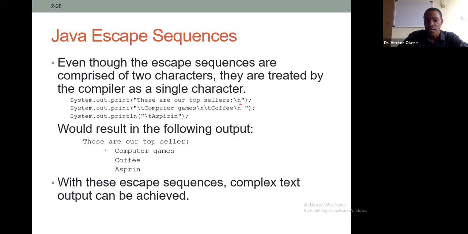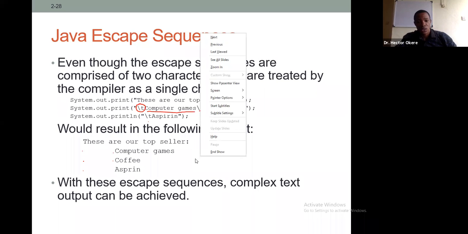Before computer games, I want a tab, so from here, computer games. Then new line, tab, coffee. New line, tab, aspirin.